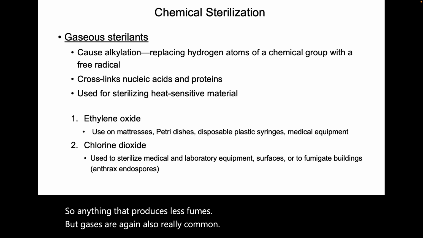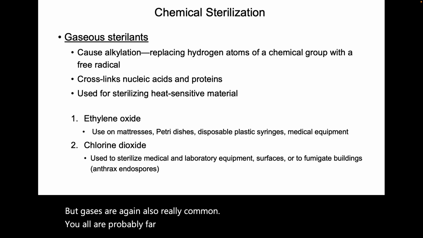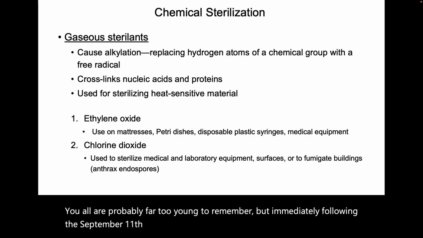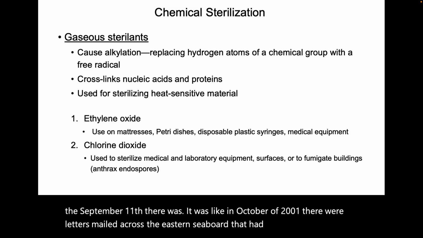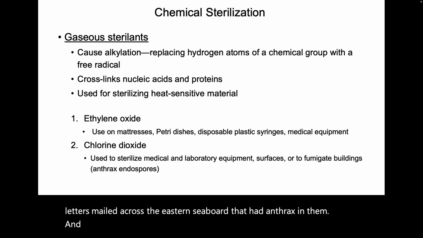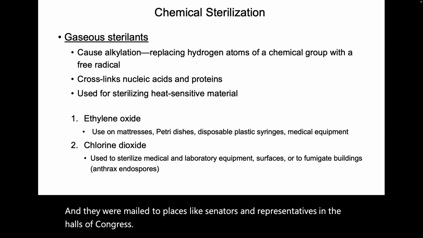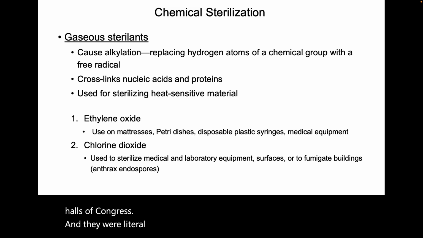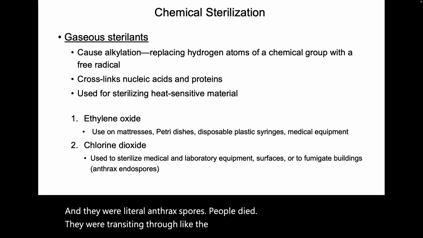You all are probably far too young to remember, but immediately following September 11th, in October of 2001, there were letters mailed across the eastern seaboard that had anthrax in them. They were mailed to places like senators and representatives in the halls of Congress. They were literal anthrax spores. People died. They were transiting through the postal system, in newsrooms of various companies.